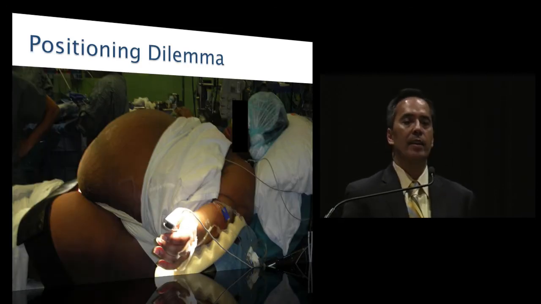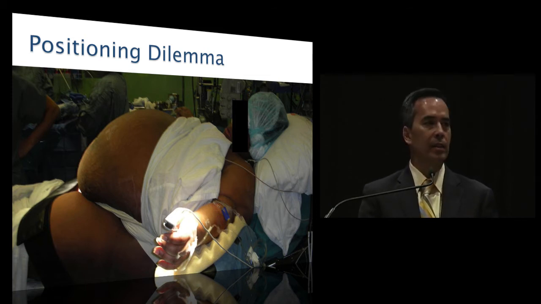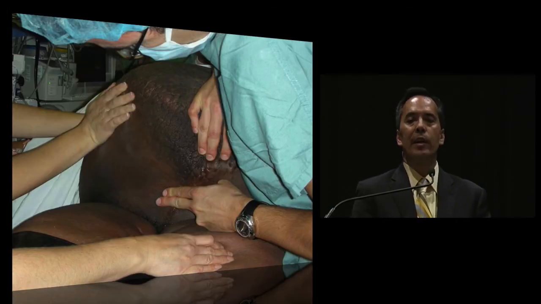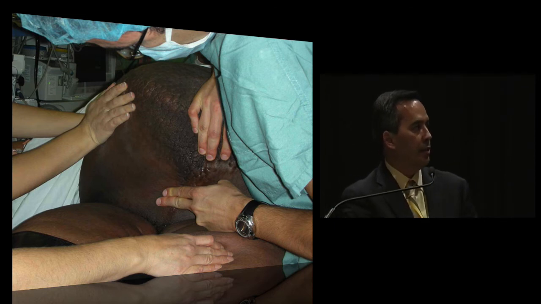Now, you walk in and you see this patient, and we've all been there. So you can see the problems that can happen. Even if you're lucky to get the epidural in, there are problems that can occur. If you look here, and remember I talked about the seroma formation, you can sort of see that there. First of all, this definitely wasn't at my institution because we should be wearing gloves.